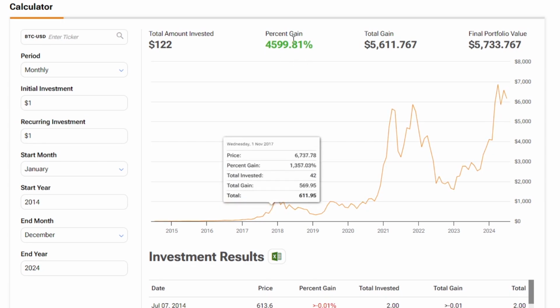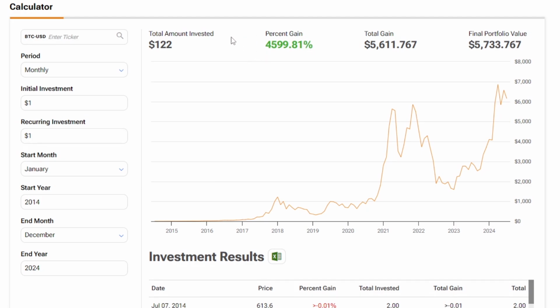So you can see how through Bitcoin, you've hedged against inflation quite a lot. So if the inflation for the last 10 years amounted to 100%, let's just say, that means that the percentage gain would still be 4,400, something like that.